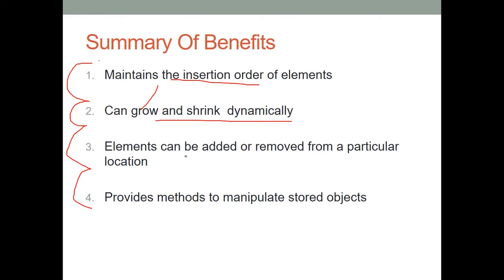Elements can be added or removed from a particular location, that is called indexing. It provides methods to manipulate and store objects. Everything is given to you through methods, so we can use them directly. You don't need to think too much about the list. It is very easy. You have inbuilt methods, you just need to know about the methods and you can do everything.